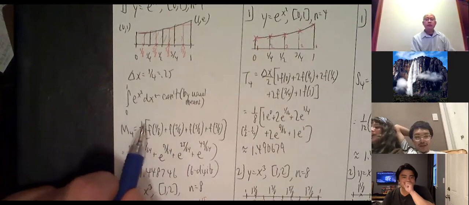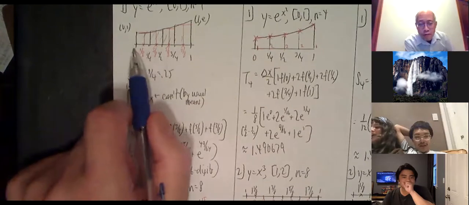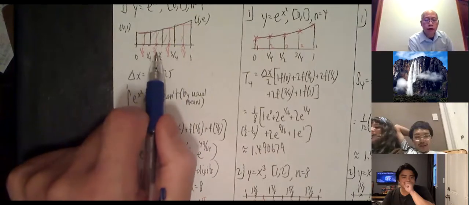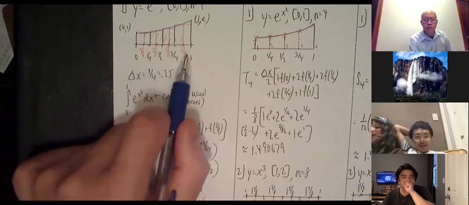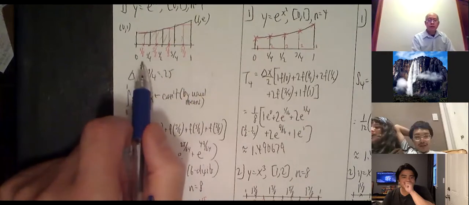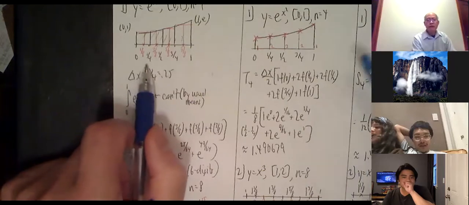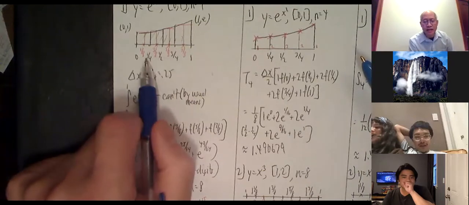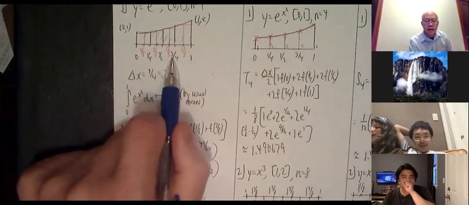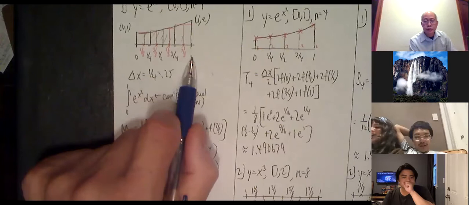Okay, so how does a midpoint work? You have to find all the midpoints. So here are the endpoints: 0, 1/4, 1/2, 3/4, and 1. So what are all the midpoints? The easiest way to find the midpoints maybe is to think of all of these as 8ths. Think of this as 2 8ths, 4 8ths, 6 8ths, 8 8ths.